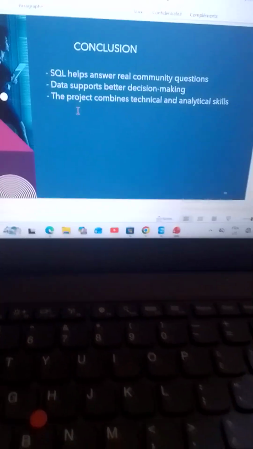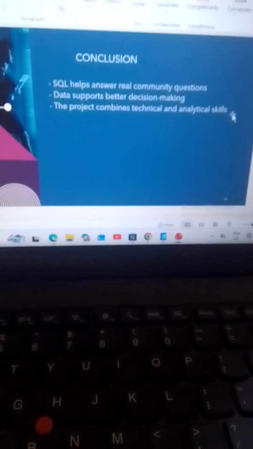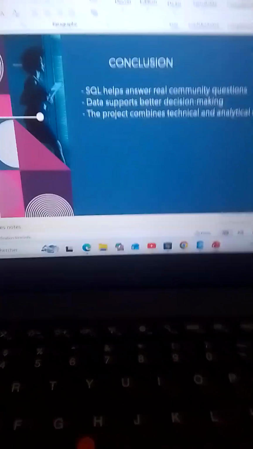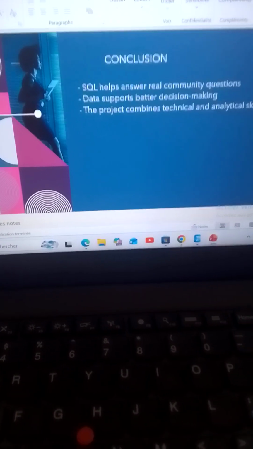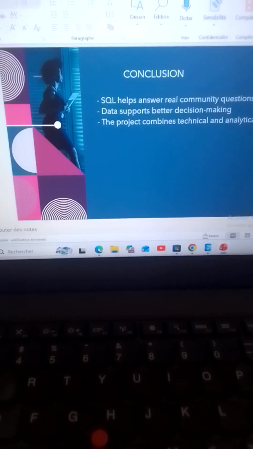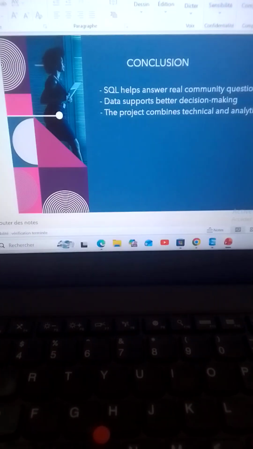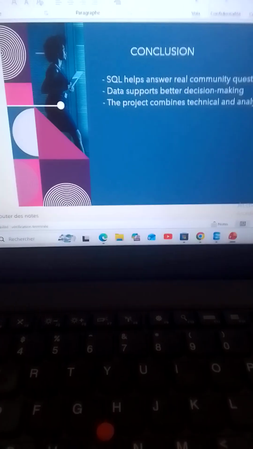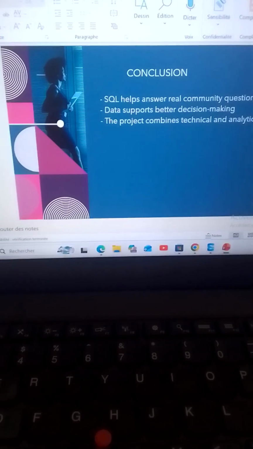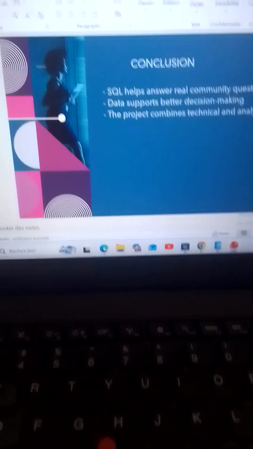The project combines technical and analytical SQL. This project shows how SQL can be used to analyze data and support decision making in a real community.